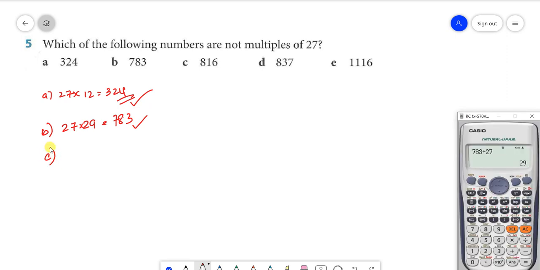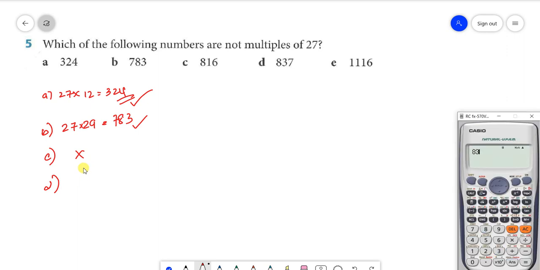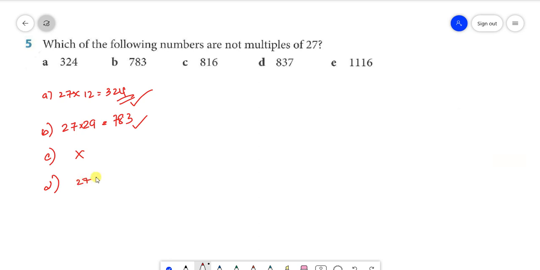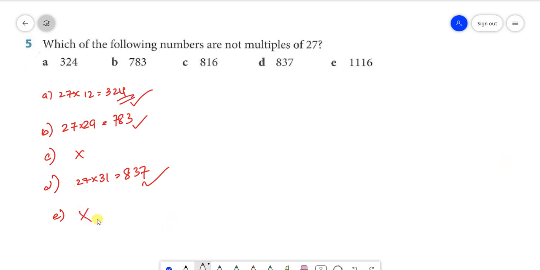C. 816 divided by 27. That is not, because it leaves a remainder. D. 837 divided by 27. We have 31. So 27 times 31 is equal to 837. And E. We have 1116 divided by 27. So this also leaves a remainder. So now the question asks, which of the following numbers are not multiples of 27?